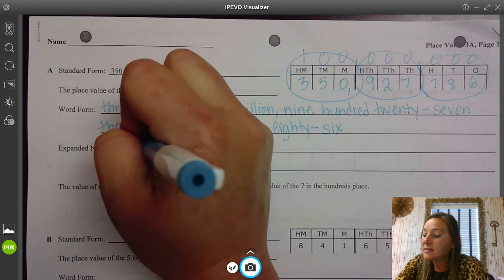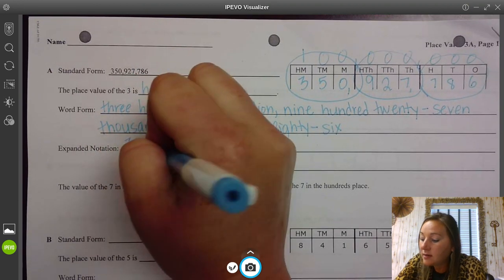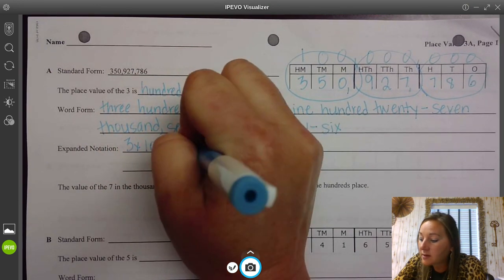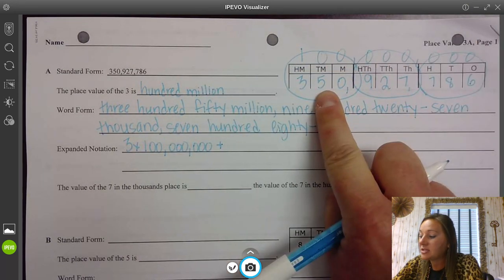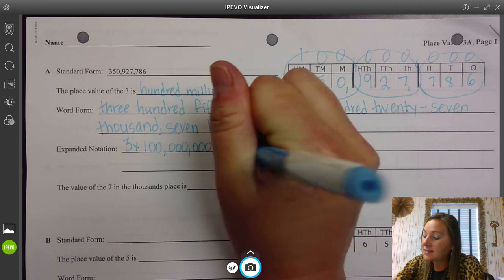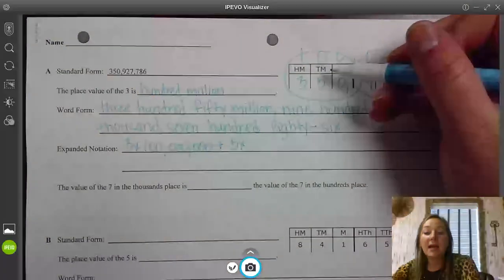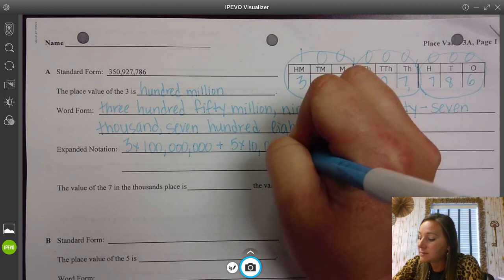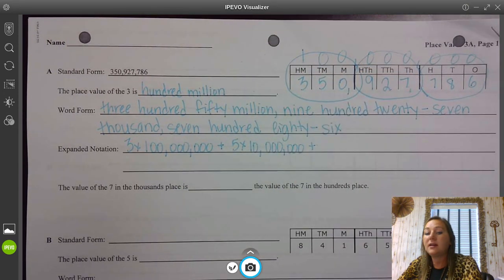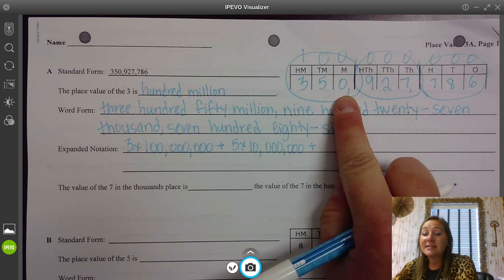So times 100, zeros for the thousands period, zeros for the ones period, plus my next digit's a 5. So 5 times, what place value is it in? The 10 millions. So 10, comma, zeros for the thousands period, zeros for the ones period, plus my next digit's a 0, so I can skip that.